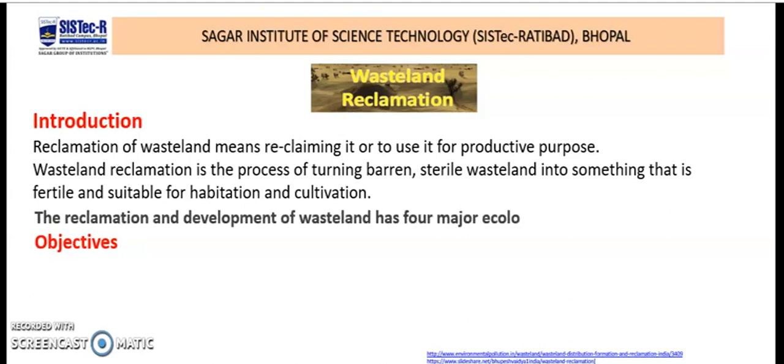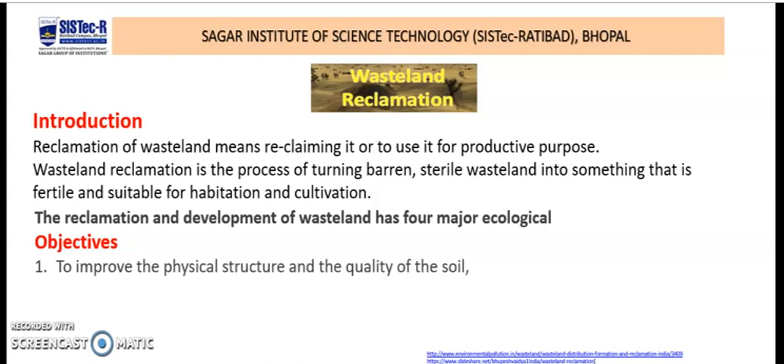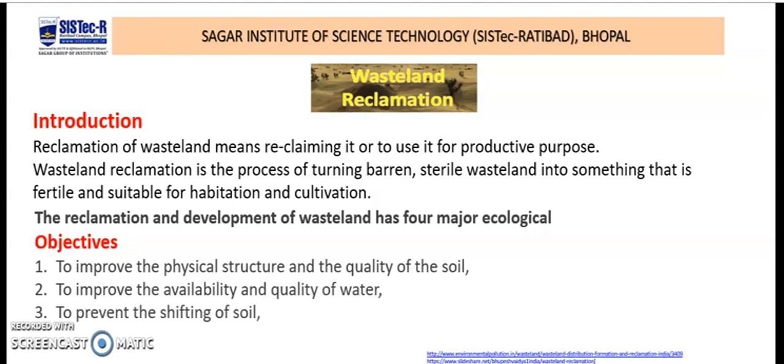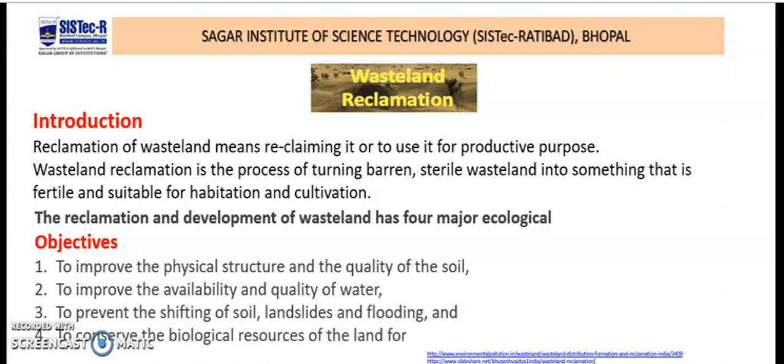The reclamation and the development of wasteland has 4 major ecological objectives that are to improve the physical structure and quality of soil, to improve the availability and quality of water, to prevent the shifting of soil, landslides and flooding, and to conserve the biological resources of the land for sustainable use.